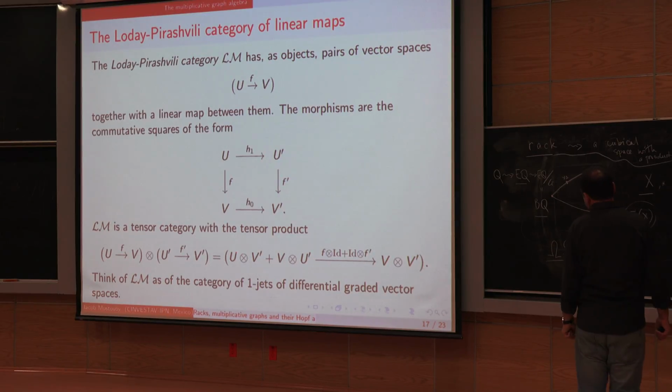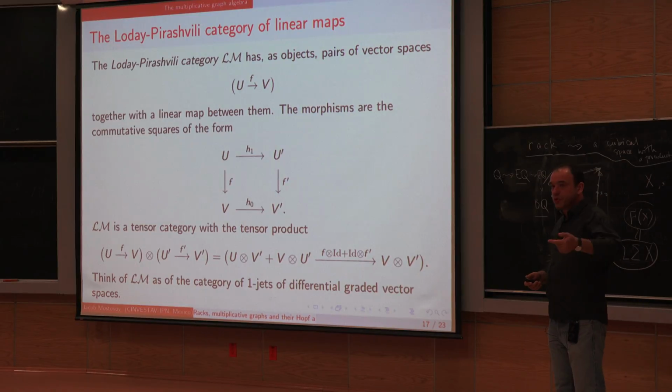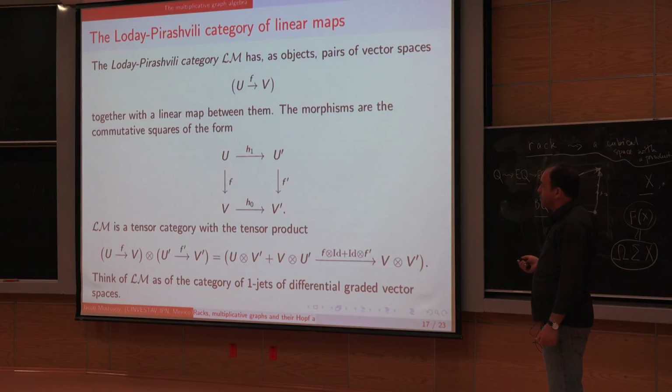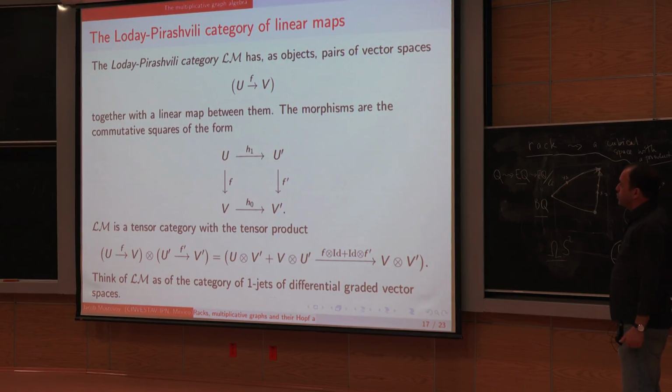I don't know why they didn't notice that this is just the tensor product of two chain complexes. So you take two chain complexes. If you consider chain complexes modulo terms of degree 2 and higher, then this is the category of one-dimensional germs of chain complexes. That's what it is.